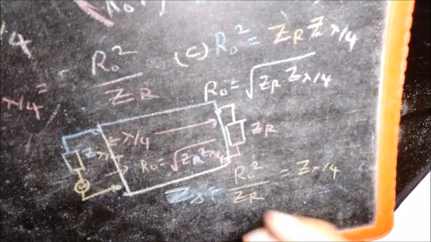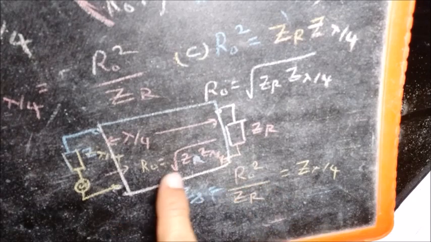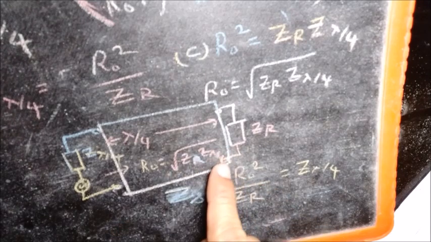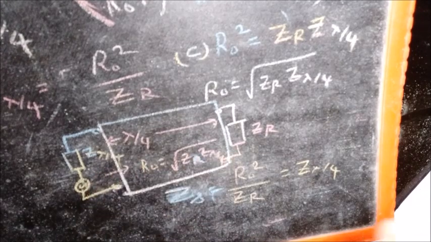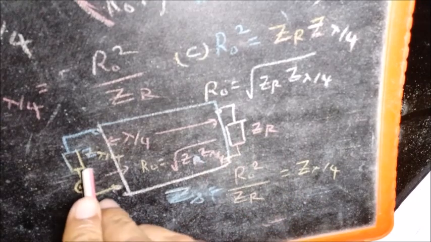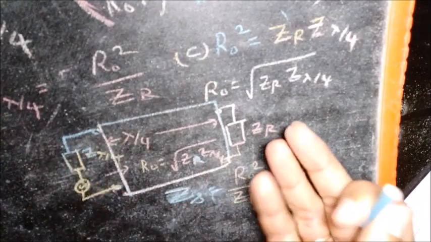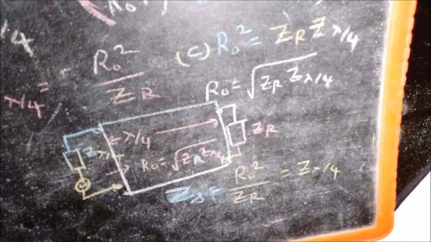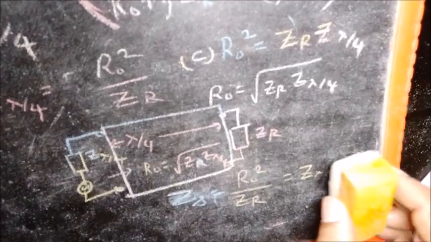So you can see that the input impedance of a transmission line, when R0 is equal to square root of ZR Z lambda by 4, becomes equal to Z lambda by 4, such that there is a matching between the source with this impedance and the load which is ZR. So that is the application of a lambda by 4 line.